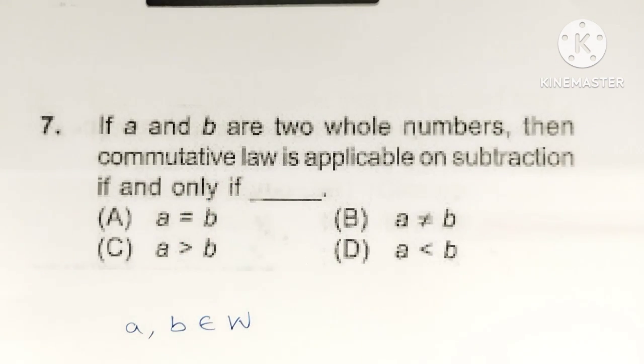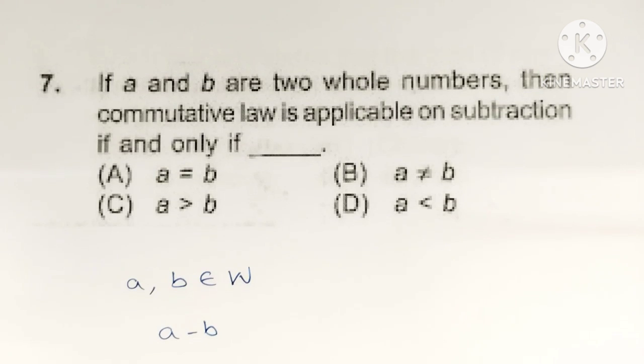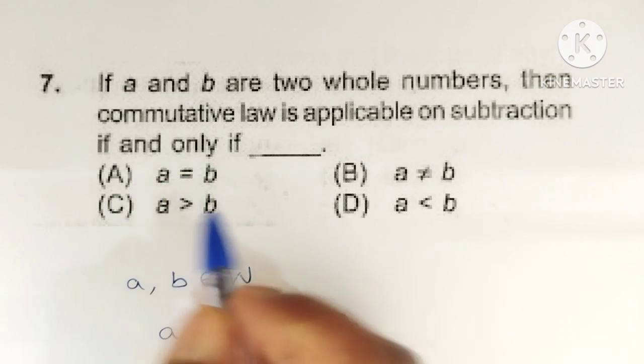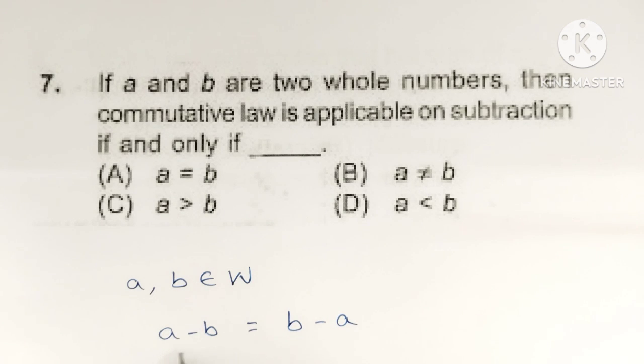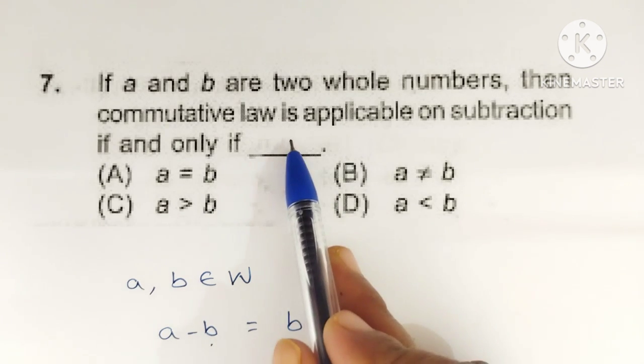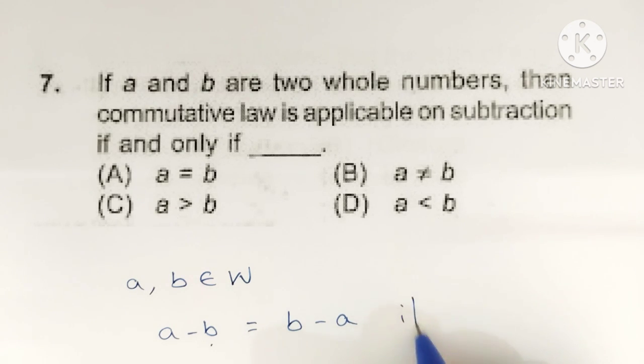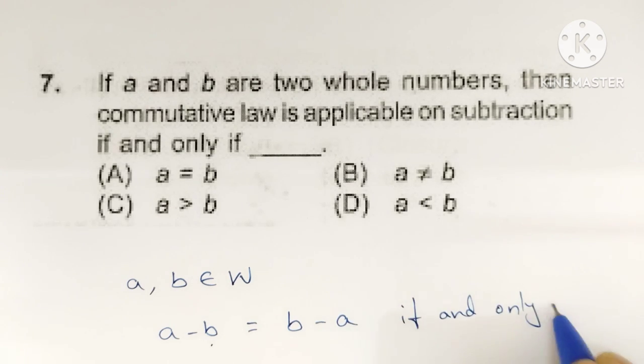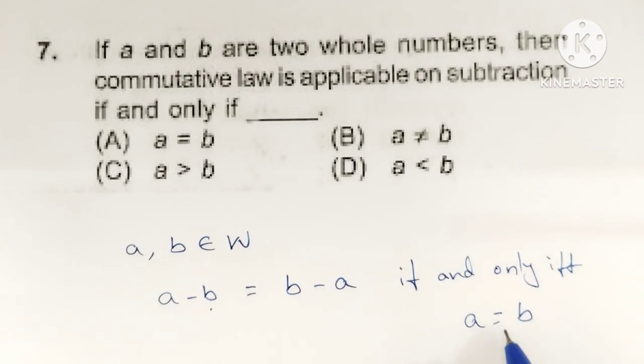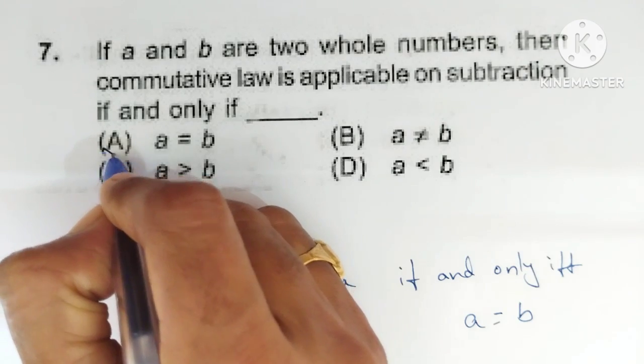The commutative law under subtraction is A minus B equal to B minus A. But here, if and only if A equal to B, then only commutative law satisfies. If A equal to B, then only this law will satisfy. So option A is the correct one.